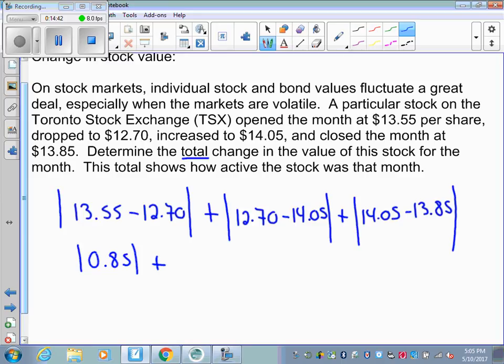Over here, 1270 subtract 1405. Again, it doesn't matter that it's negative, or if you put it the other way. Okay? That's $1.35, and it's negative. That's okay. And over here, it went from 1405 down to 1385. Okay, so that's 20 cents.